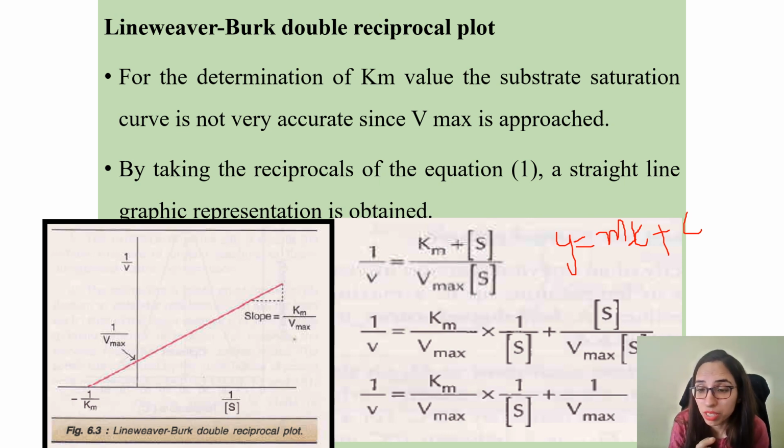Fine. This is the beauty of chemistry. Things are very related to each other. Each thing is related to the next one. And we have a straight line graph between 1 upon v and 1 upon S. Fine. No hyperbolic graph. Done?